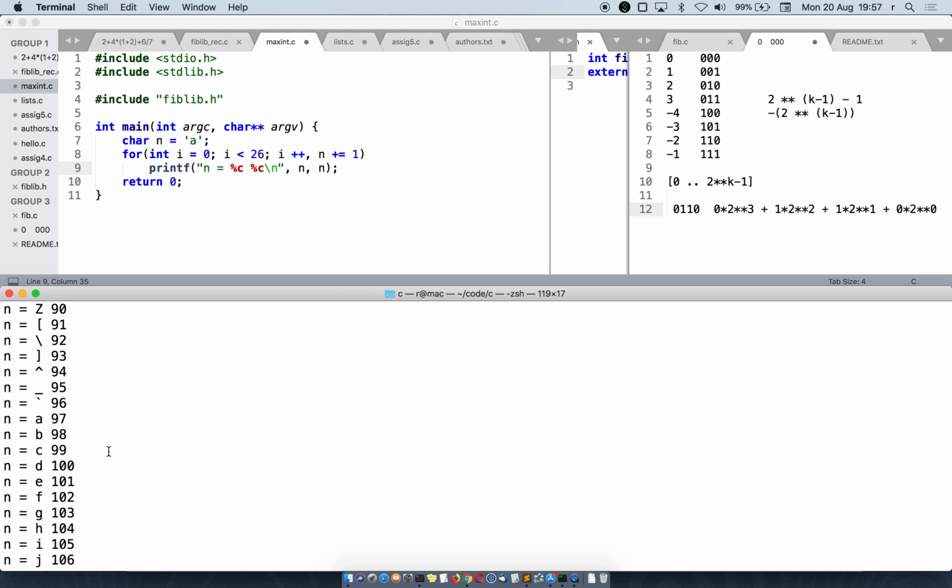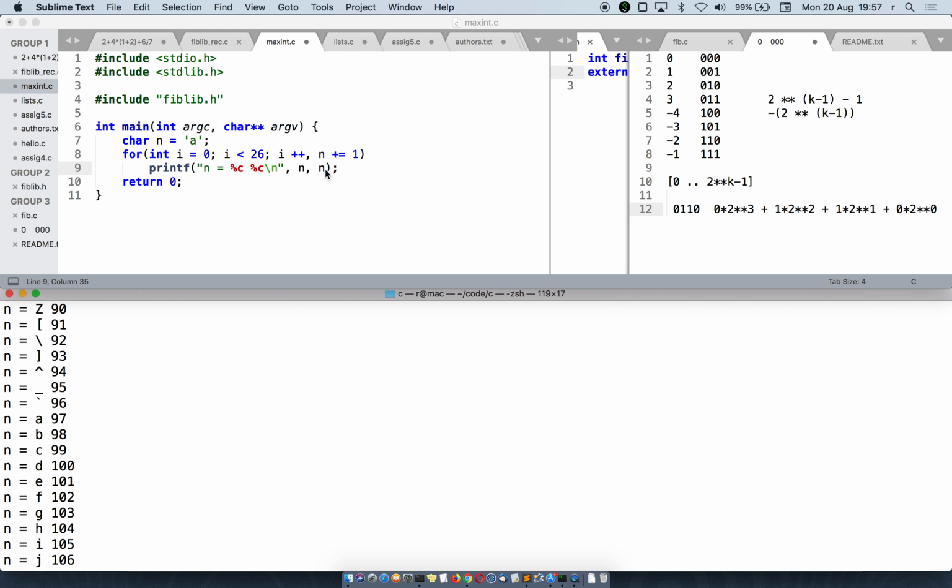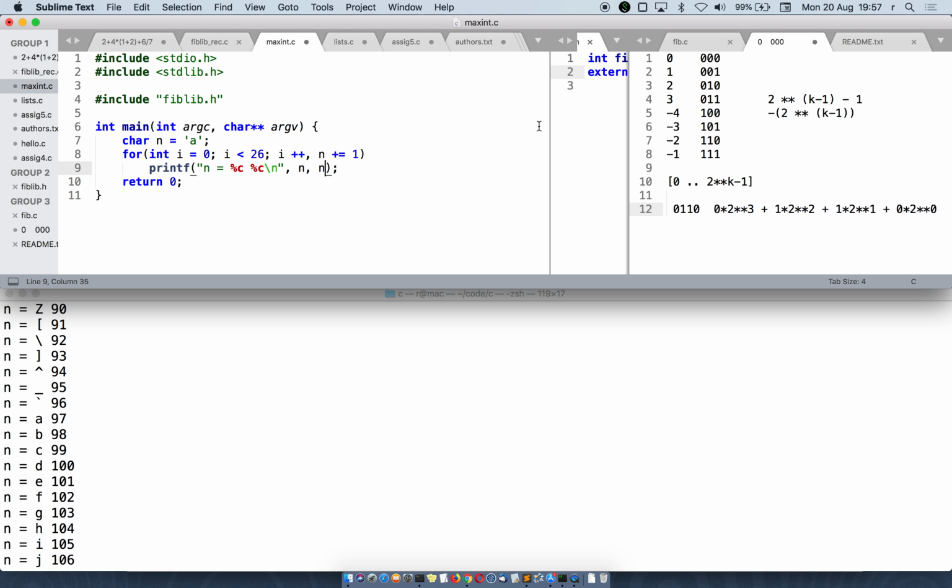So do 97 minus 65, right? And I don't even know what that is. I'm not going to bother to compute, and then subtract the number from here, right? But instead of doing that, what I could do is say small a minus capital A, right? And subtract this value. Right, that'll be good enough.